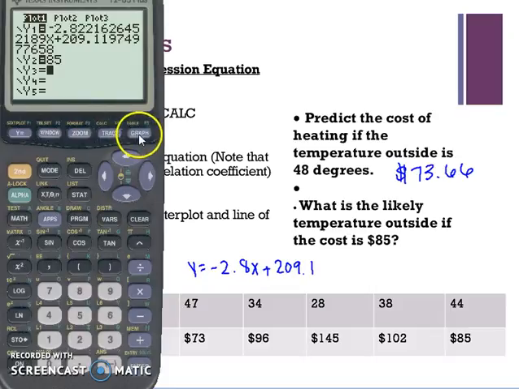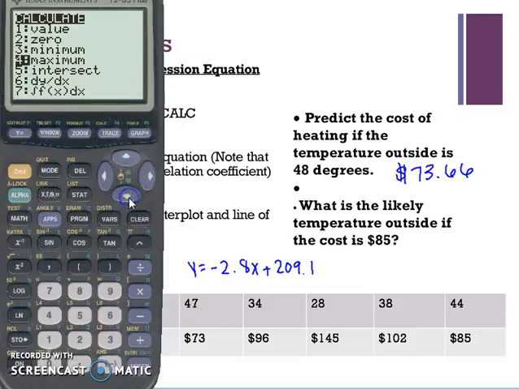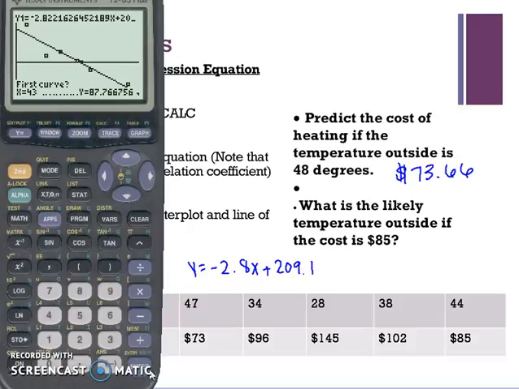And then I'm going to look at my graph. Now I'm going to have a horizontal line going right through the middle. I want to know when my line of best fit is 85, so I want to know the intersection of those two lines. To find the intersection, we'll let the calculator do it for us. I'm going to say second trace, scroll down to intersect, and then it's going to ask me first curve, second curve, and to guess.